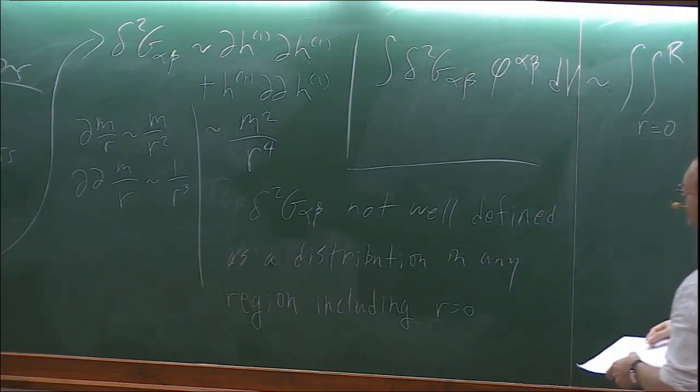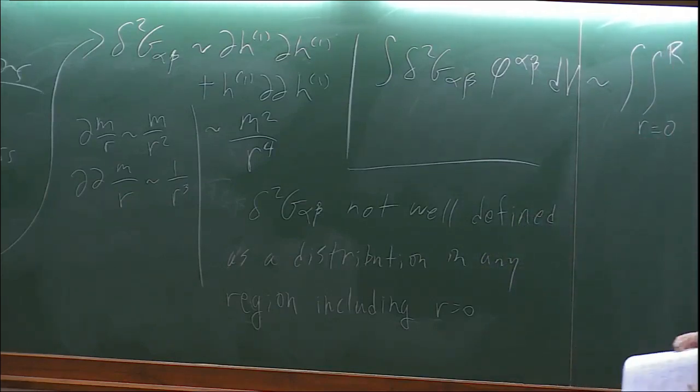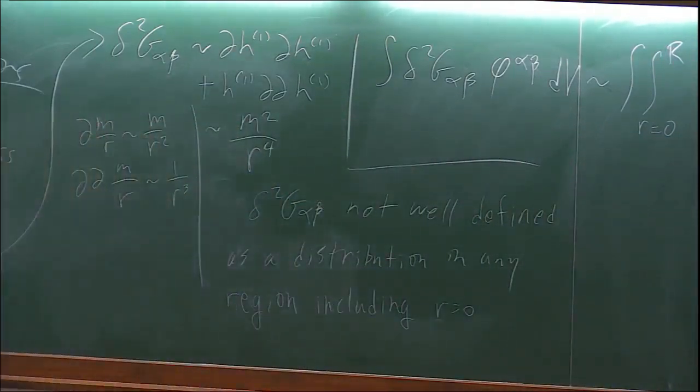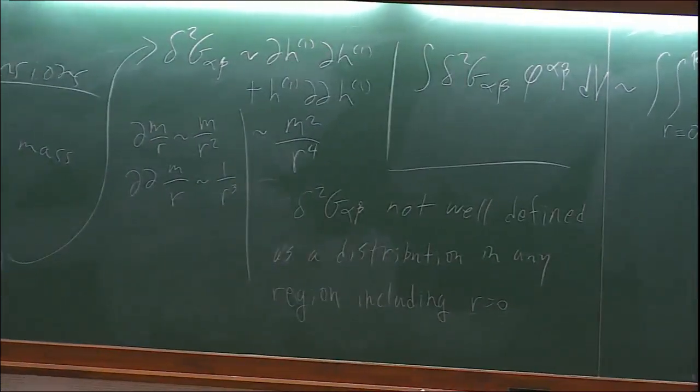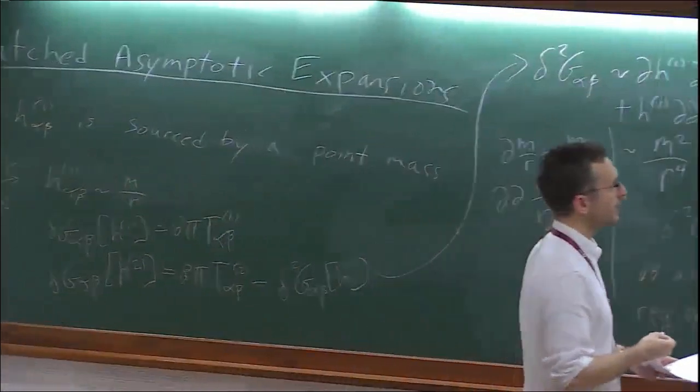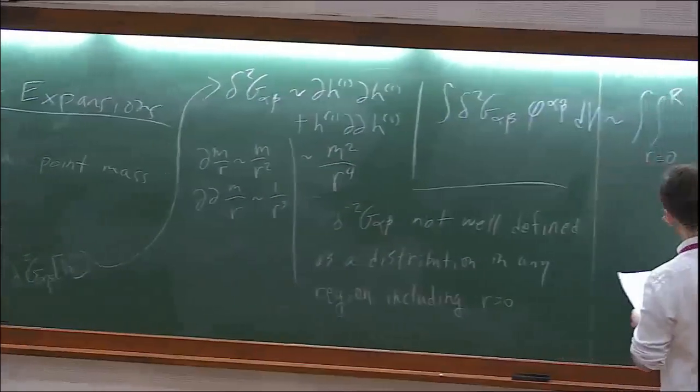And let's just integrate over a patch around the particle. So we can just choose our test function to vanish outside a small region, say of radius capital R. So this integral gets cut off at a radius of capital R.